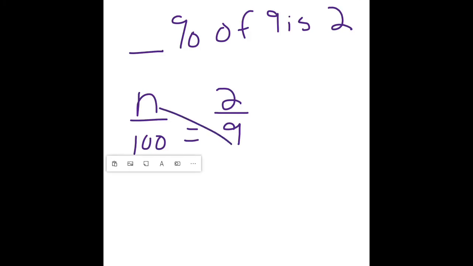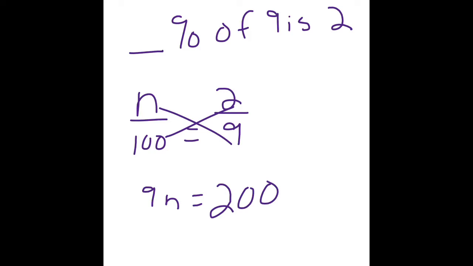So we get 9n. 100 times 2 is 200. Divide both sides by 9, not 200. And the answer should be 22.2, repeating.